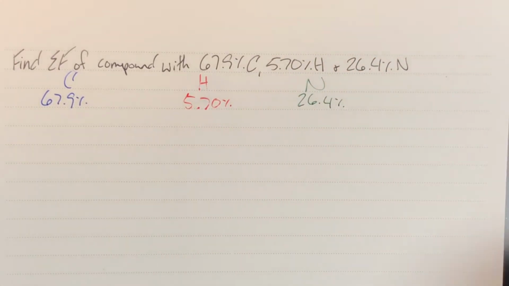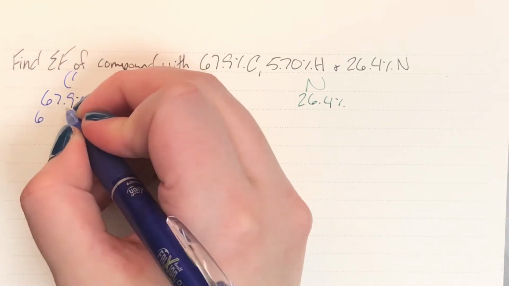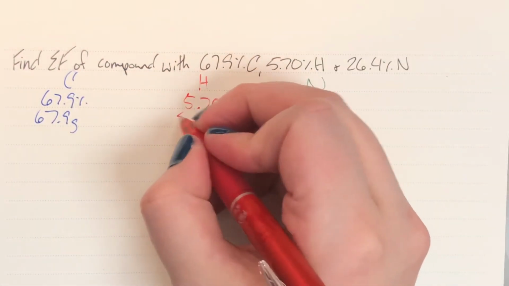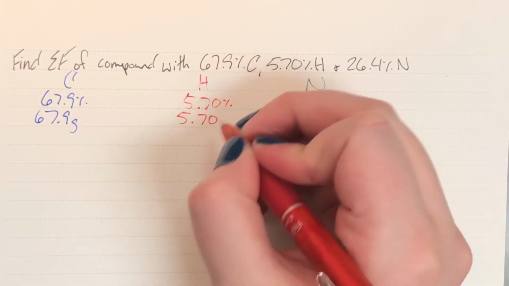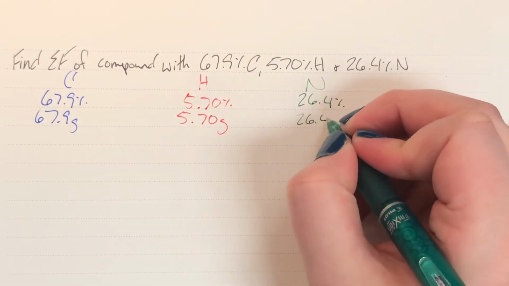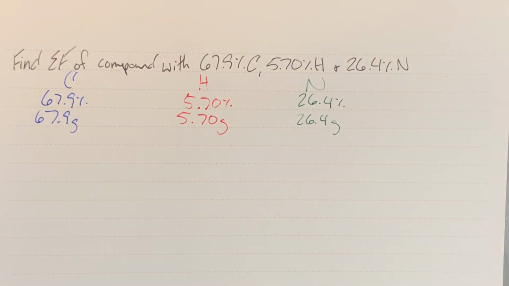Okay, first part is percent to mass, so 67.9% turns into 67.9 grams. 5.70% turns into 5.70 grams. Nitrogen, 26.4% turns into 26.4 grams.